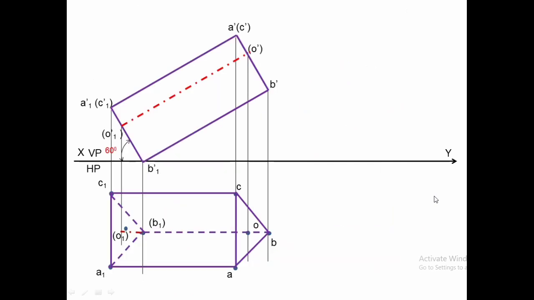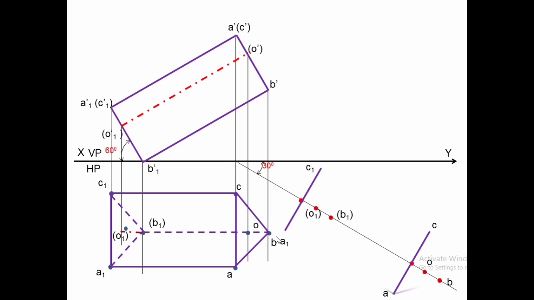We'll draw the third position, where the top view of the axis is inclined at an angle of 30 degree with VP. Mark all these points, O1, B1, O, B on the XY line. Redraw the top view. In the third position, you have redrawn all these things.